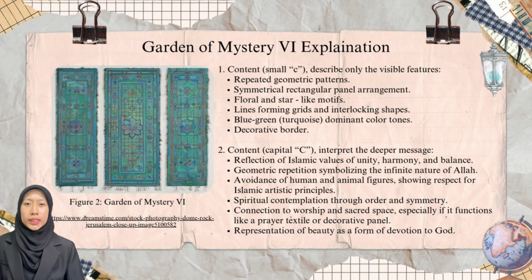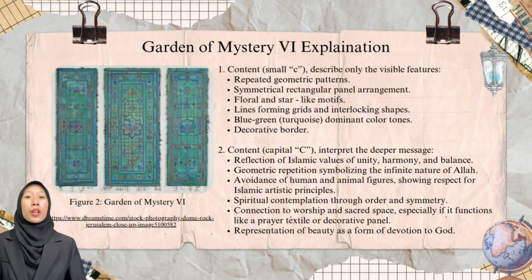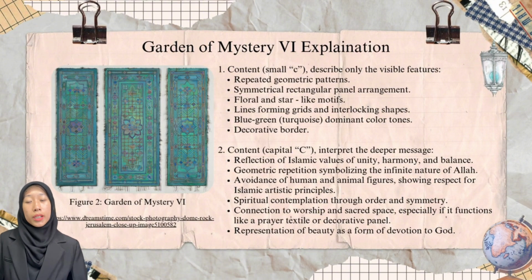The content small c describes only the visible features of this artwork, such as repeated geometric patterns, a symmetrical arrangement of rectangular panels, flower and star-like motifs, planets forming grids and interlocking shapes, blue-green turquoise color that dominates the color tones, and also the decorative border.